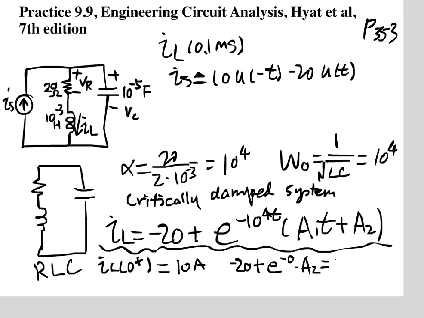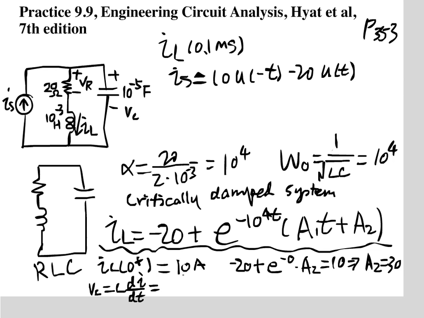So we know that minus 20 plus, at t equal to 0, e to the minus 0 times A2 has to be equal to 10. Therefore, A2 has to be equal to 30.